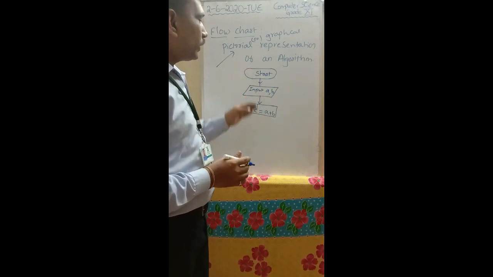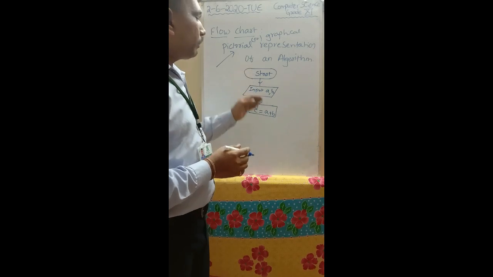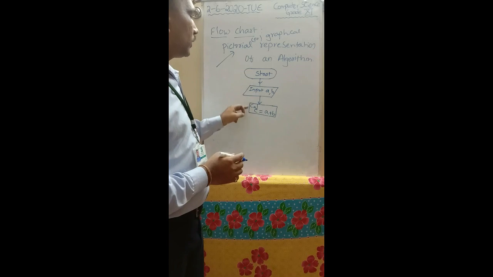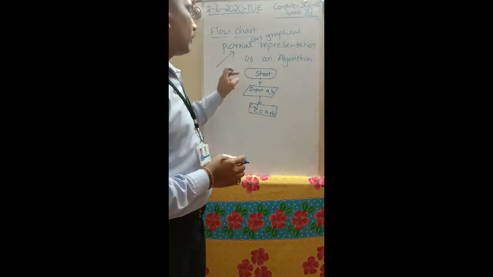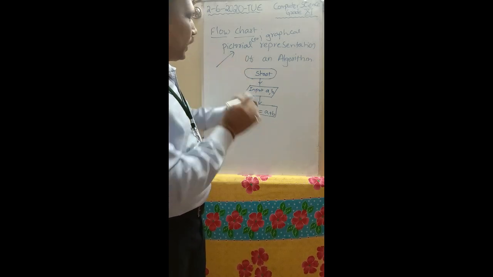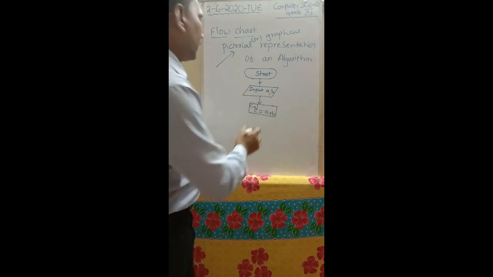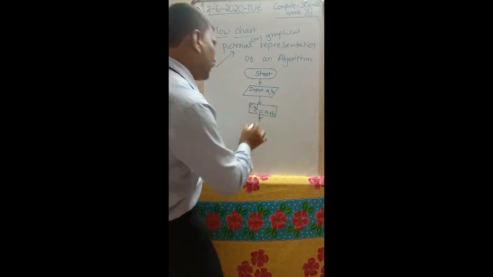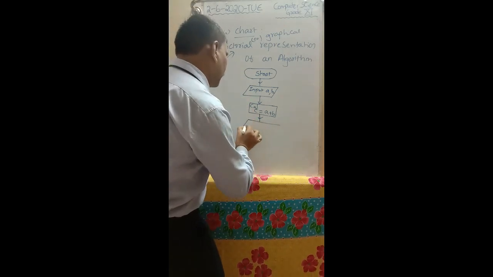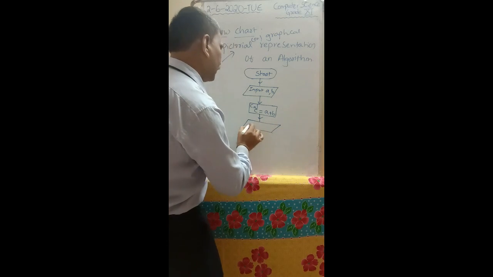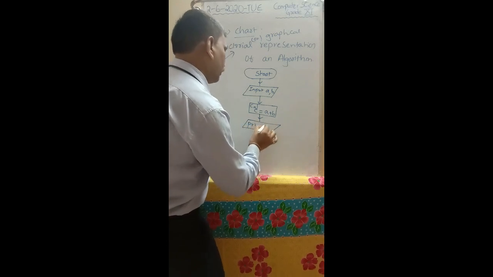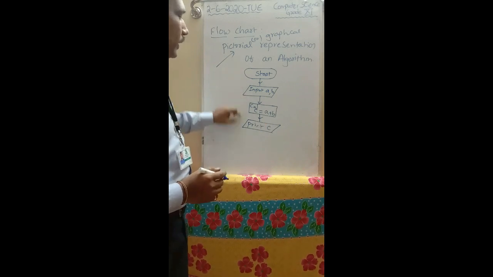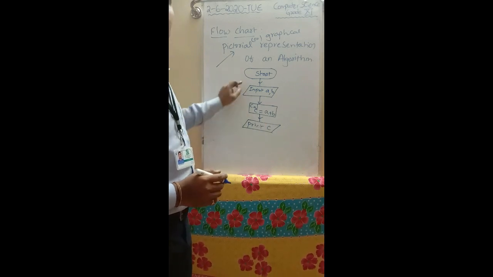Here we are using different shaped boxes for every statement. This one is parallelogram shaped, this one is rectangular shaped, this one is elliptical shaped. After calculation of the C value, we print the value of C. The print statement is placed in a parallelogram shaped box, so both input and output statements are placed in parallelogram shaped boxes.